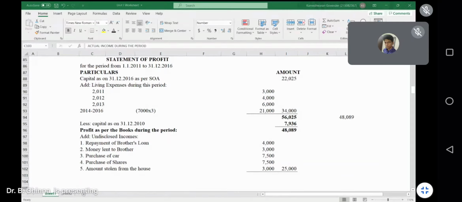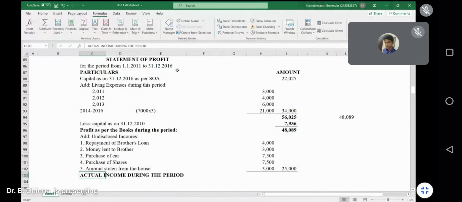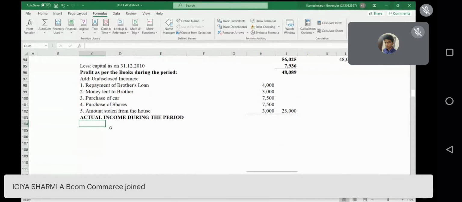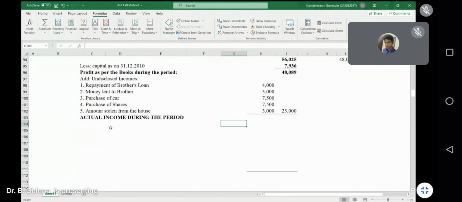Now we have added all the undisclosed income. What we need to do now is, some income has already been declared with the income tax authority. We just need to deduct it. The screen is visible, students? Yes, sir. Okay. Quickly tell me what are the amounts that have been filed?